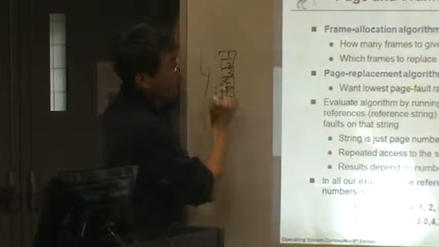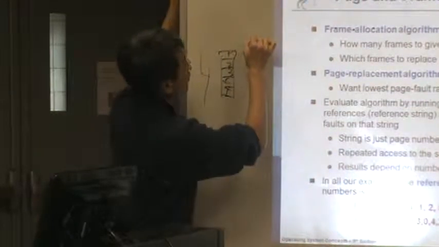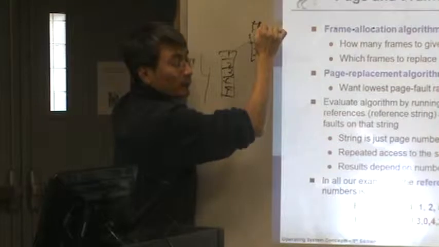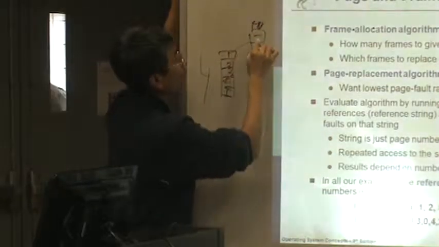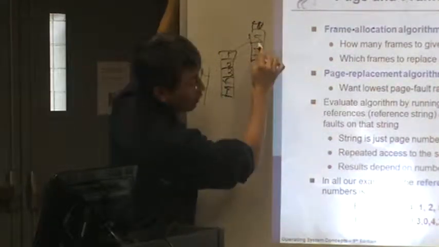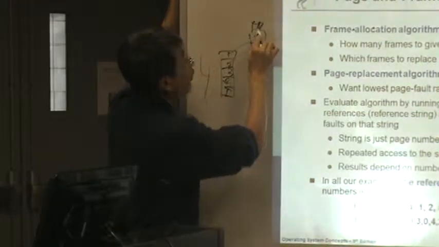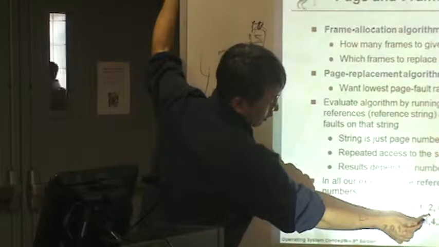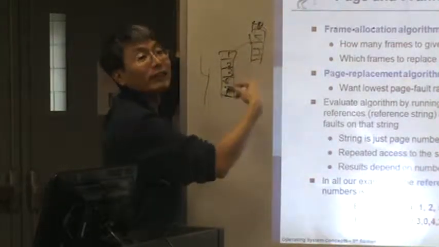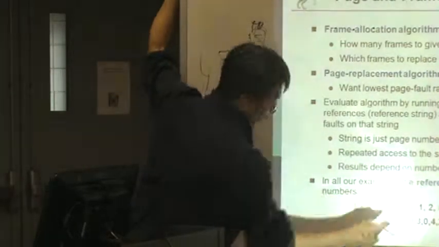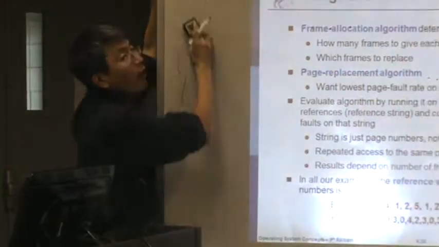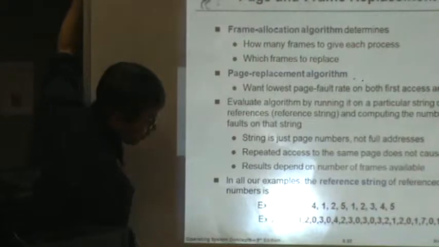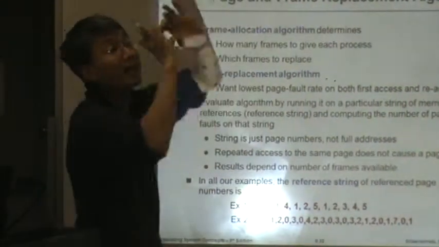First 1 is used and loaded into memory. The next 2 will be loaded, 3 will be loaded, 4 will be loaded, and 1 will be reused. The next 2 will be reused, something like that. That is the reference string, to simplify the problem of page replacement. Each number represents one page.